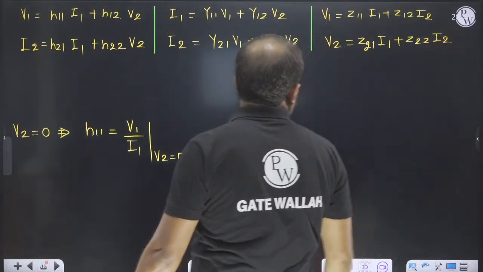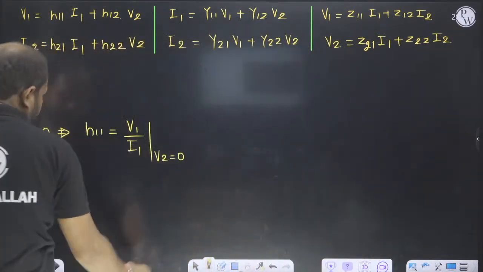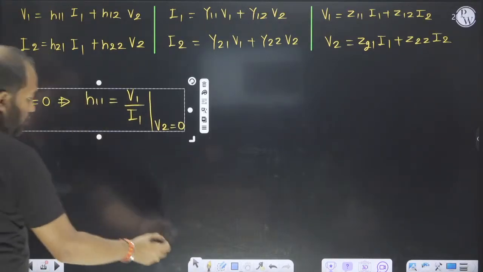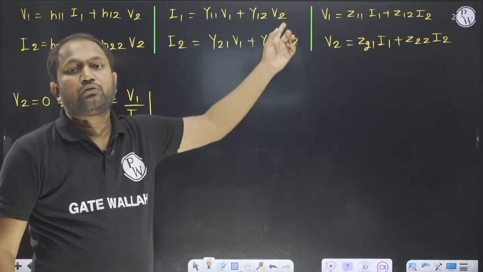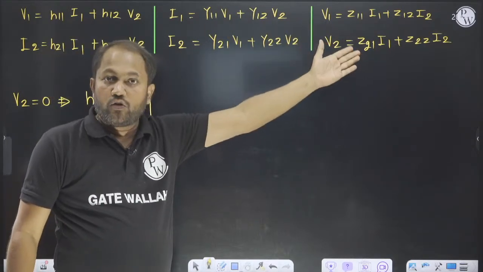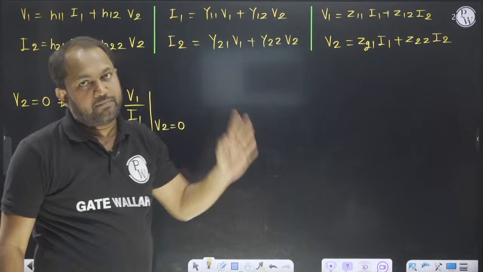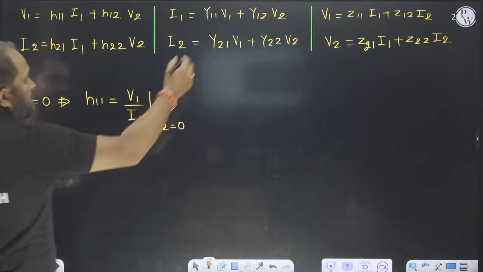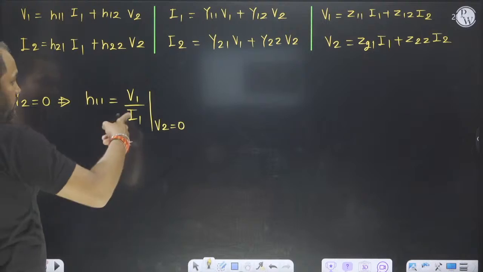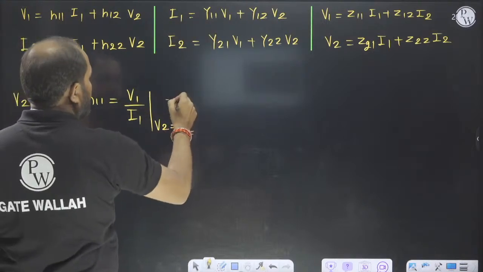So the first point is V2 equal to 0. Voltage is 0, so I have to focus on the Y parameter. If current is 0, I have to focus on the Z parameter. So if voltage V2 is 0, I focus on the Y parameter. So I1 upon V1 is equal to 1 by Y11.